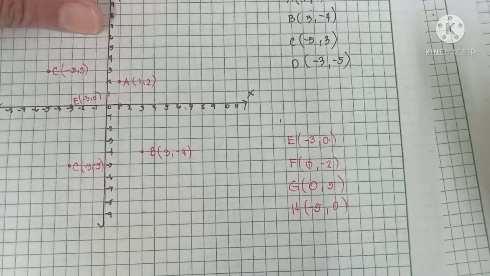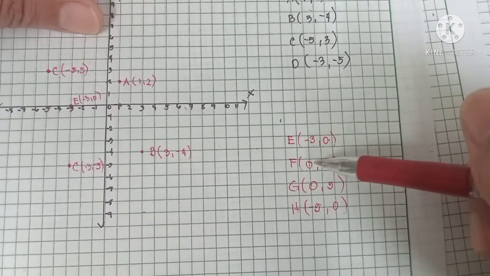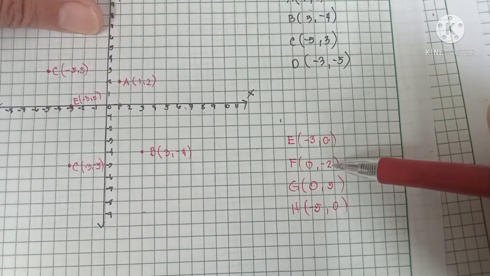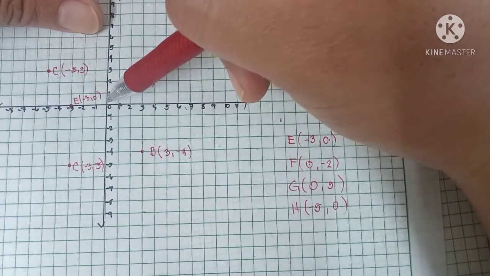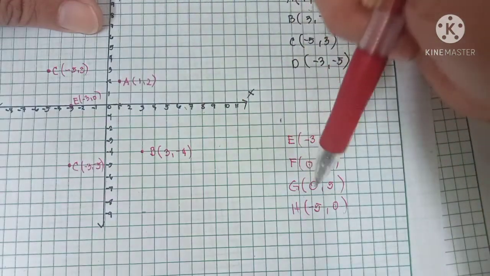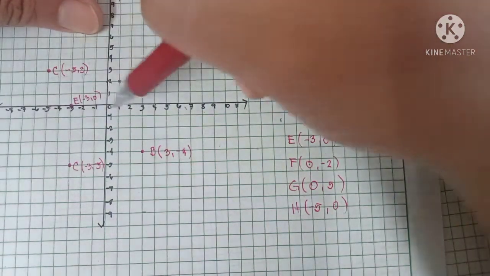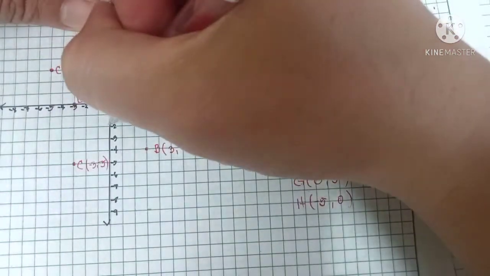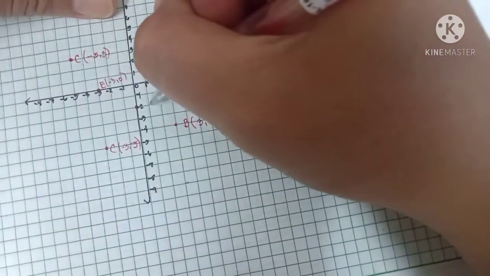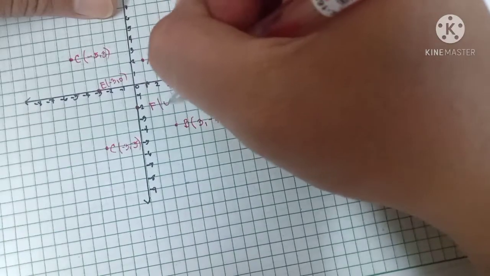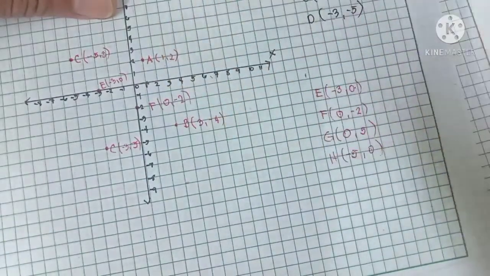How about F? 0, negative 2. X is 0 and Y is negative 2. X is 0, so we're not going to move left or right. And our Y is negative 2. So negative 2 on Y is located down. And this is our F, which is 0, negative 2.